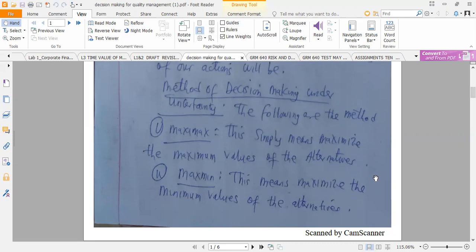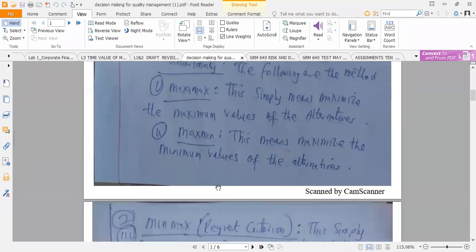So there'll be alternatives where you pick maximum values in each state of nature or in each alternative, then you pick amongst the maximum the highest value. That is called the maximax. The maximin is where we maximize the minimum value of the alternatives. So amongst the minimum values on the available alternatives, you pick the highest, which are the maximum. So from the terms you see, it will make more sense as we go through the questions themselves.